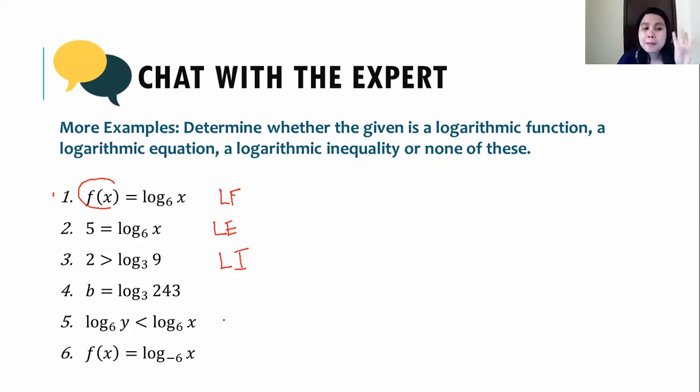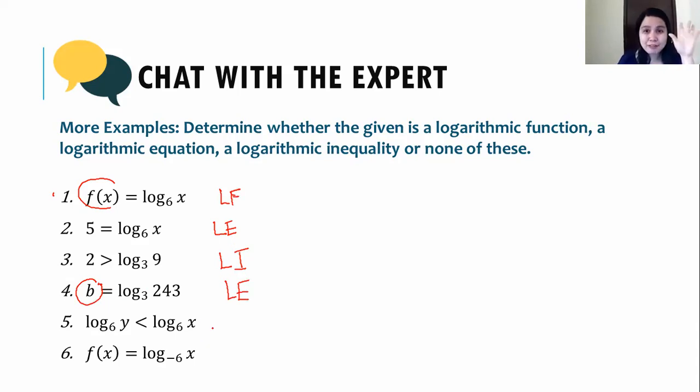B is equal to log 3 of 243. What's the answer? It's not equated to y, so it's not a function. It's a logarithmic equation.